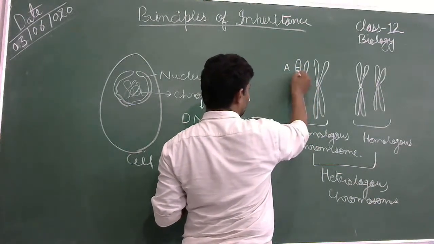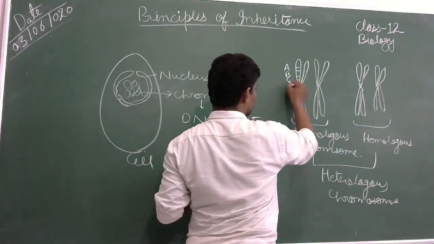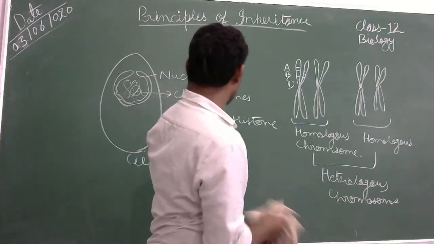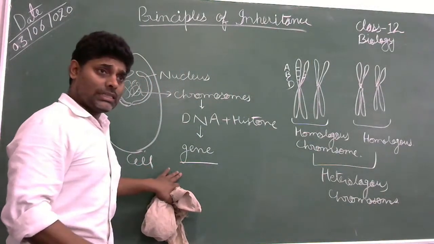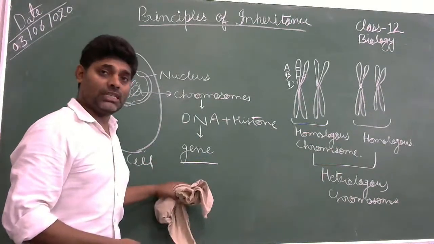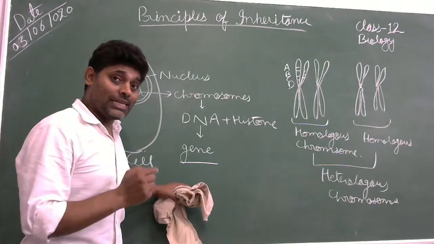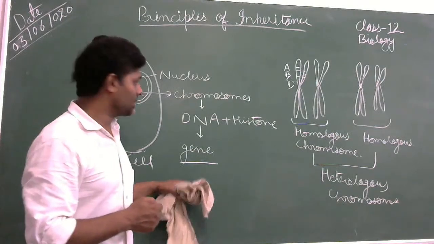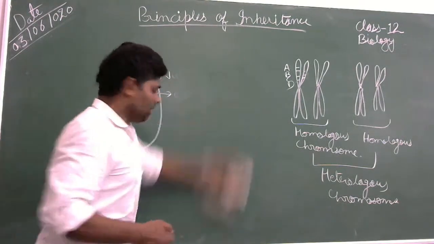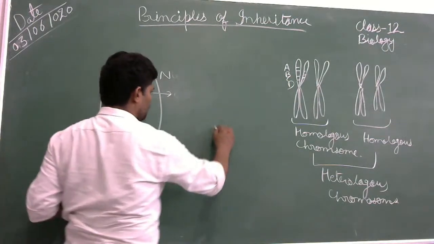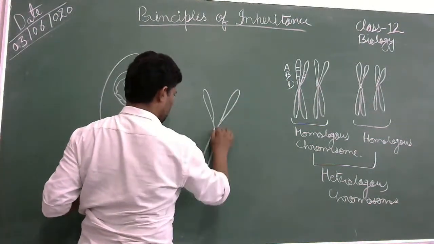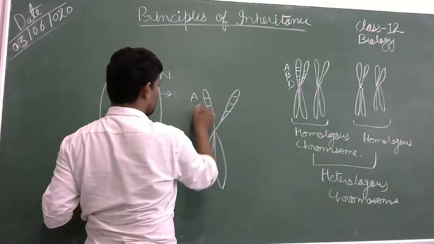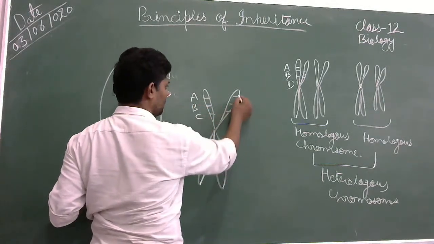Suppose it is A, this is B, C, and D. And the next arm has the same. I'm making a separate diagram, right? You know, a gene is a stretch of DNA which is functional or active for making any kind of protein.